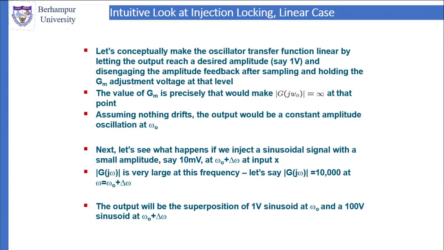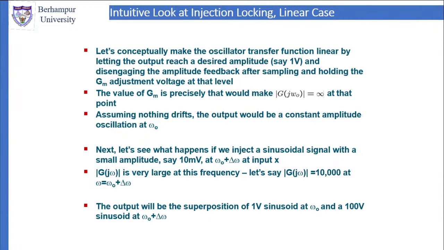In that case, conceptually this will make the oscillator transfer function linear by letting the output reach a desired amplitude. Suppose the desired amplitude is 1 volt, or 2 volt or 0.1 volt, whatever you want. Let us take it as 1 volt, it will be easy to analyze.